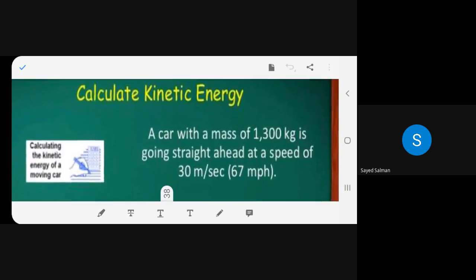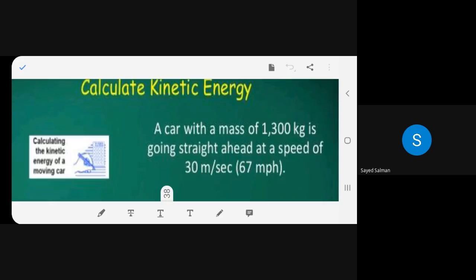We'll find the kinetic energy. Please read the question. Can anyone start reading?